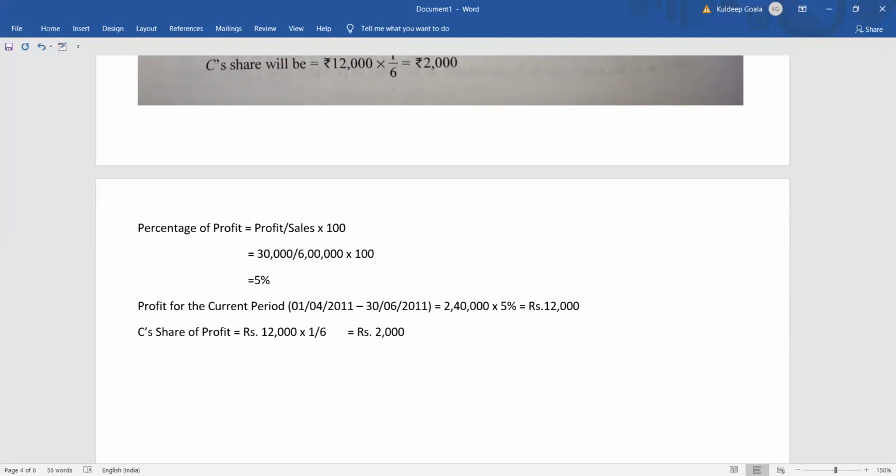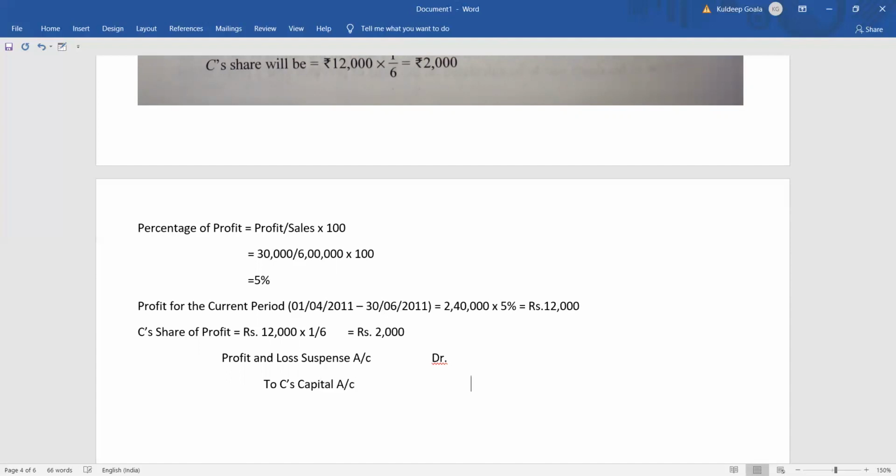Clear? And the journal entry, as we know, will be profit and loss suspense account debit to, okay, profit and loss suspense account will be debited and the money will go to C's capital account.